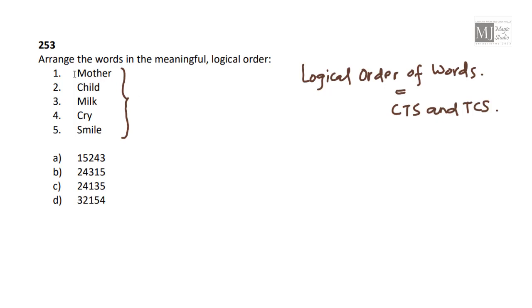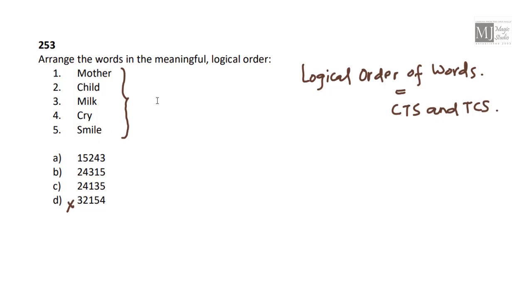Now let's try to build a story out of it. If we look at the options, the story is starting with 1, 2 or 3. 1 is mother, 2 is child, 3 is milk. If mother and child are there, I don't think the story can start with milk. Let's start our story by reading these words. Mother, child, milk, cry, smile.